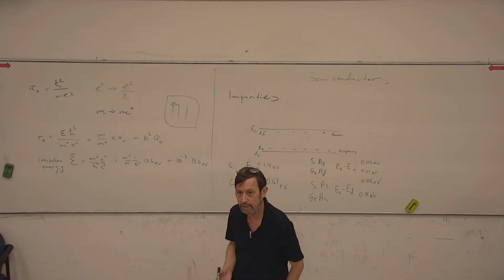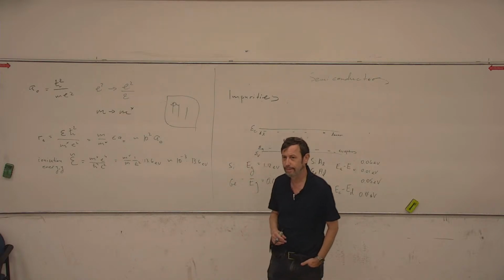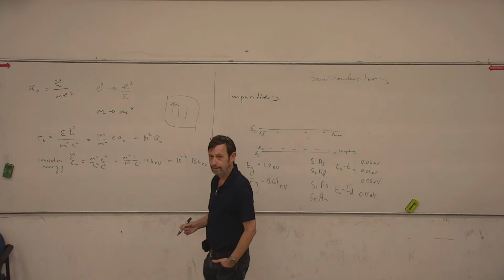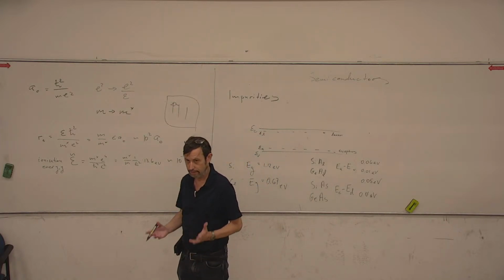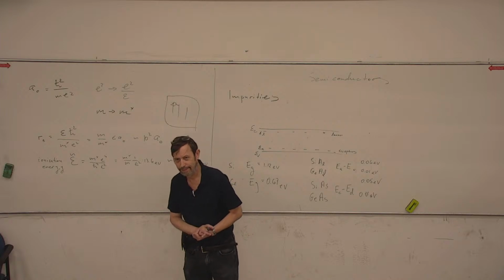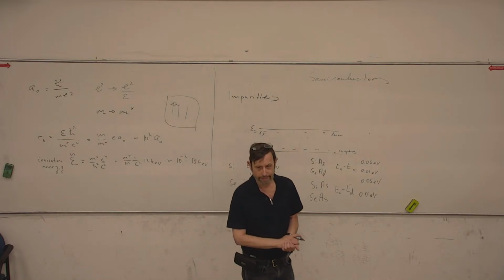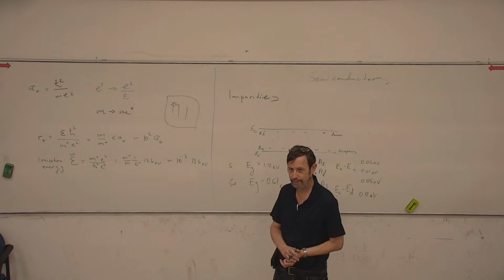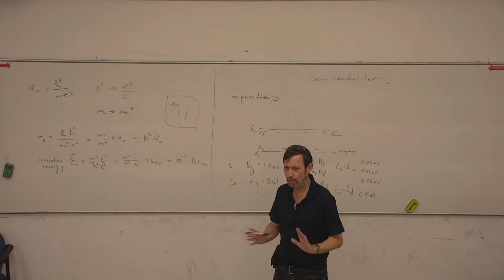And how do I do it? Lithography. Lithography, but what is lithography? Chemical etching of the material on the semiconductor. Well, it's a bit more of it.